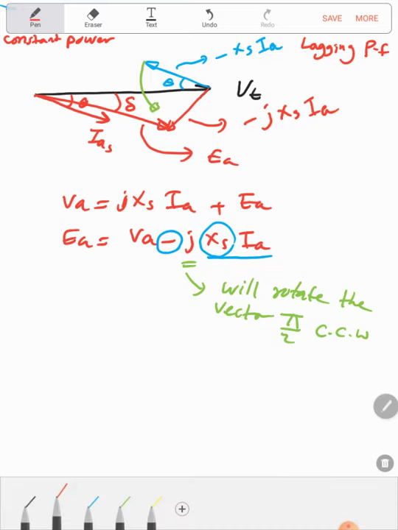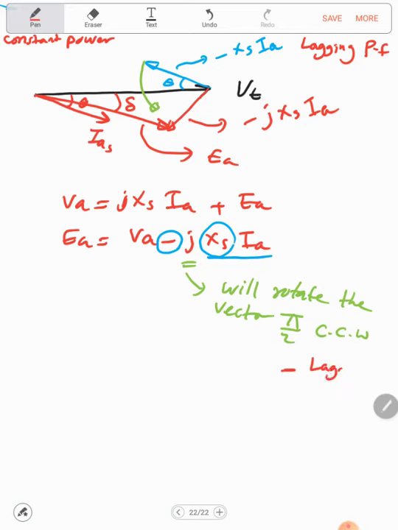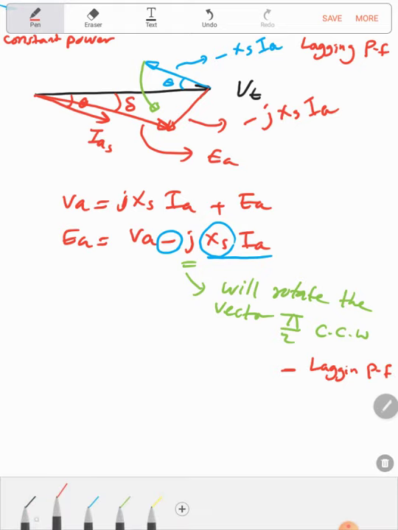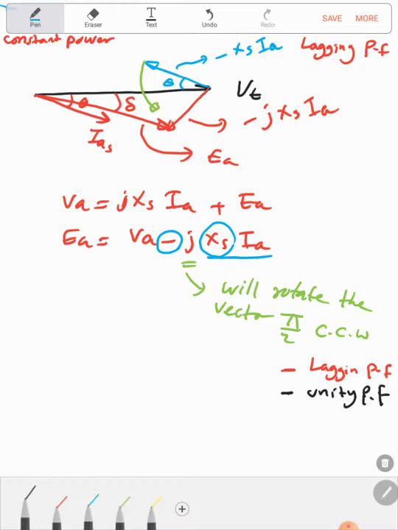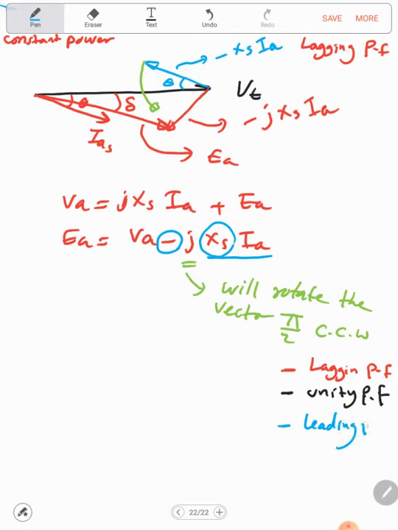And for that, I will use red for the lagging power factor, black for the unity power factor, and blue for the leading power factor.